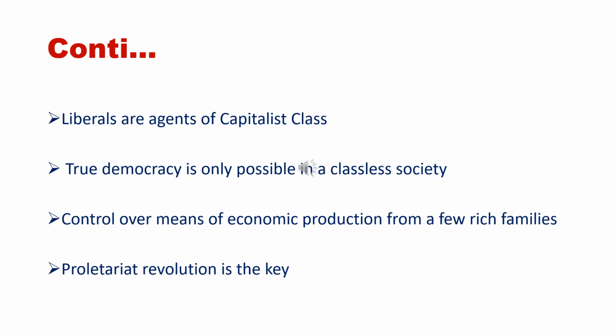And apart from that, as I had already explained, control over the means of economic production lies with a few rich families, meaning a few rich persons always control the property over all the persons in society. Last, he said, state discrimination can only be ended through the proletariat revolution against the rich class.